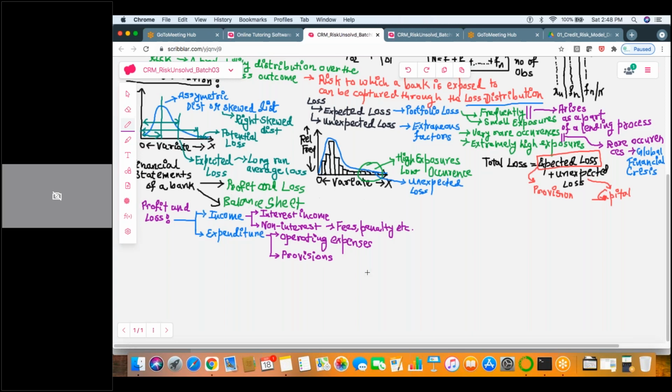So this is how the profit and loss statement of a bank is structured.